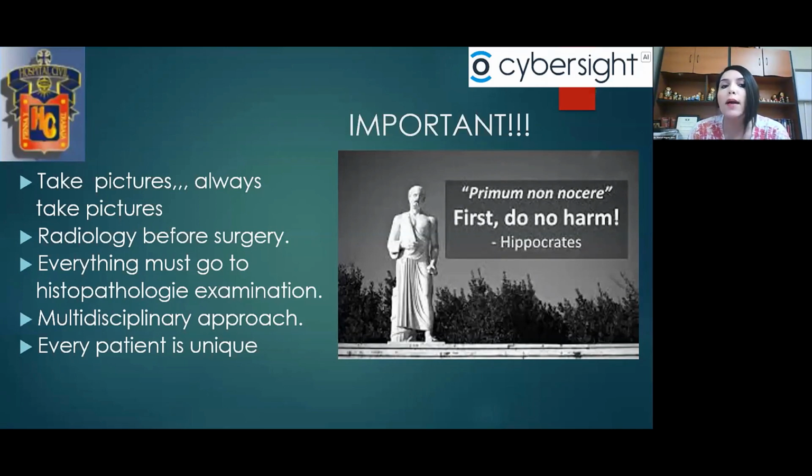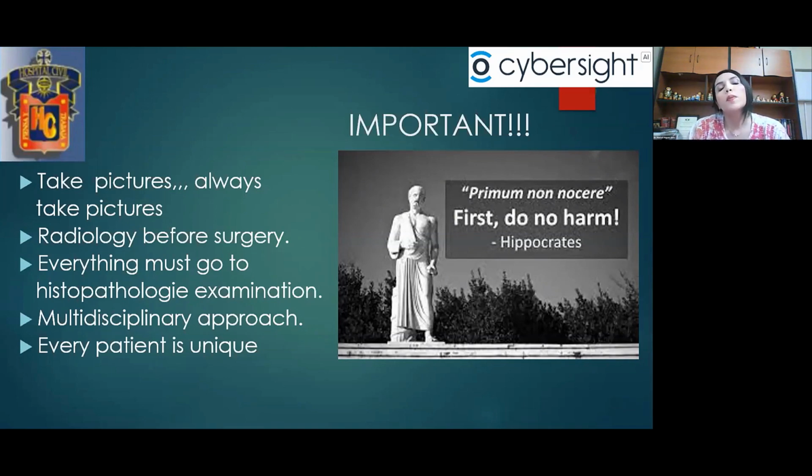But you have to take pictures because most of the time you can have legal problems, and if you have the photographs before, during, and after surgeries, you are going to be protected. Everybody has a smartphone, so you can take the pictures and be safe.